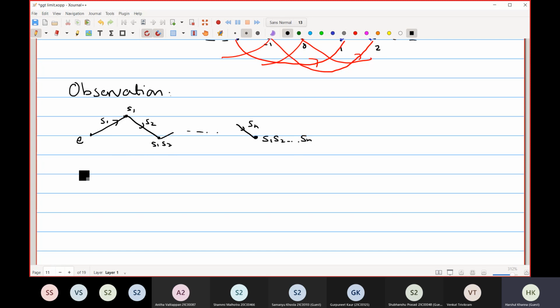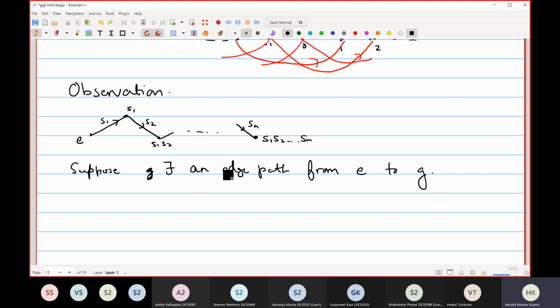Now, note that suppose there exists an edge path from E, the identity element, to your element G, which is a random element in your group.